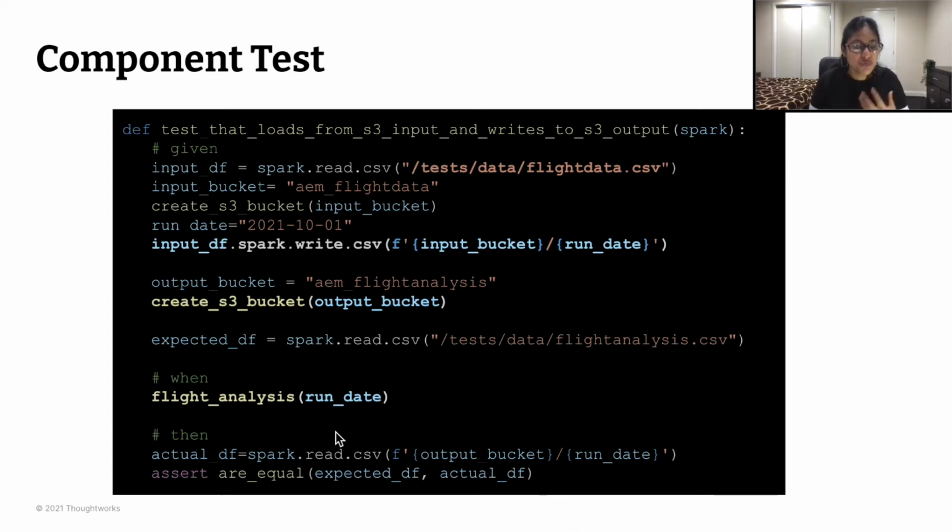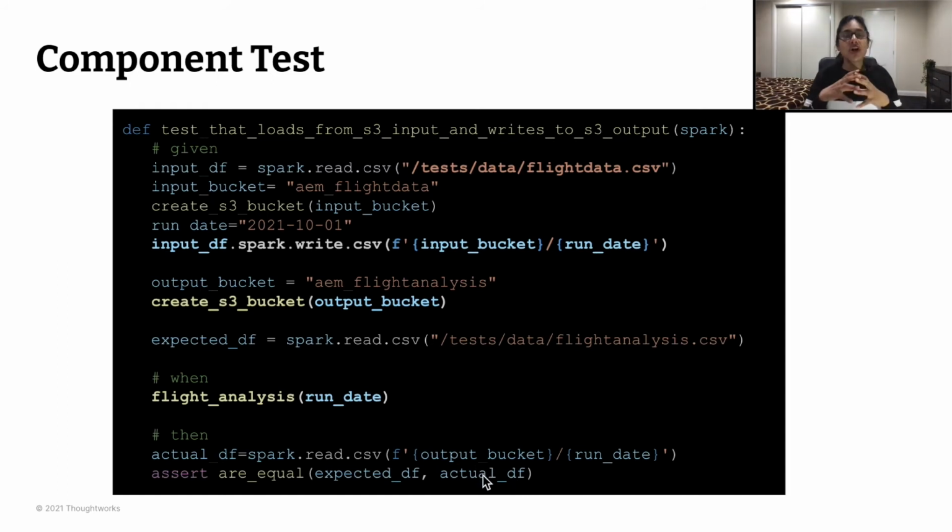Now I have to verify whether the output which has been created is as per my expectation or not. So I'll go to that output bucket which I had created, assuming that when I call this program, it should have written the output file there. So I'll read that, create a data frame, and check that the expected output is equal to the output file.